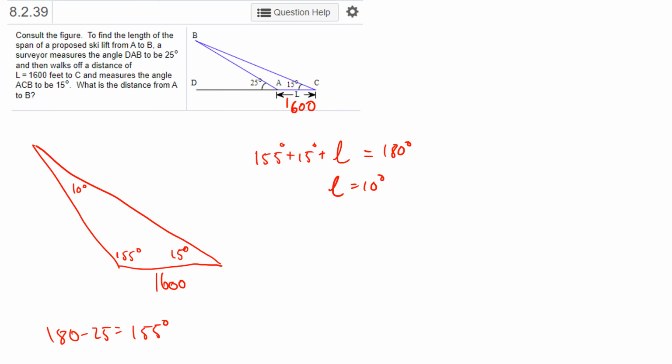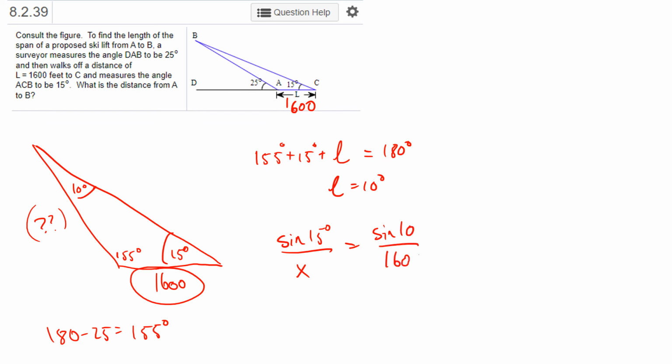Now this distance from A to B is our unknown. This is what we are trying to measure. Since we've got this angle and this angle across from our unknown side, we set up the law of sines. The sine of 15 degrees divided by our unknown distance must be equal to the sine of 10 degrees divided by the length across from it, which was 1600.